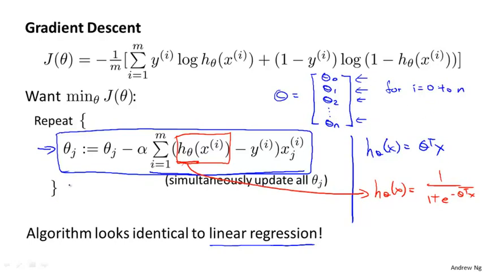But of course, rather than using a for loop, ideally we would use a vectorized implementation, so that it can update all of these n plus 1 parameters in one fell swoop. To check your own understanding, you might see if you can figure out how to do the vectorized implementation of this algorithm as well.